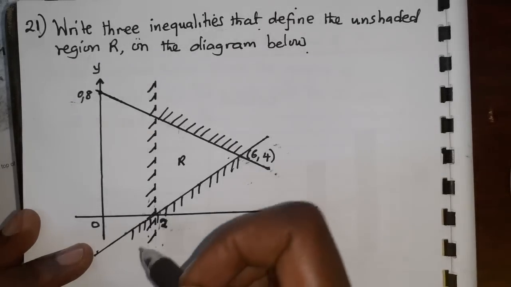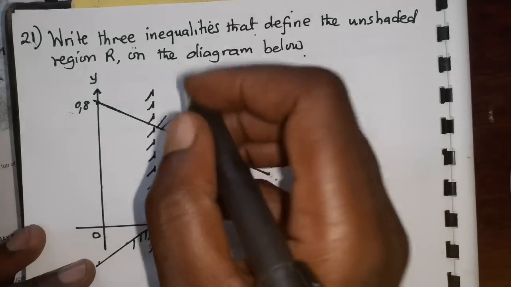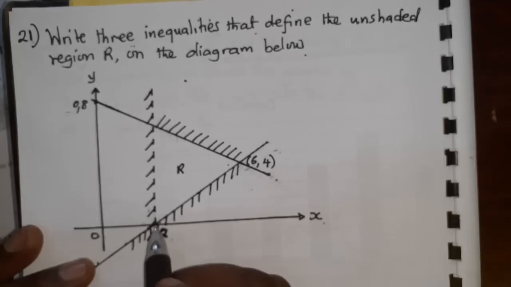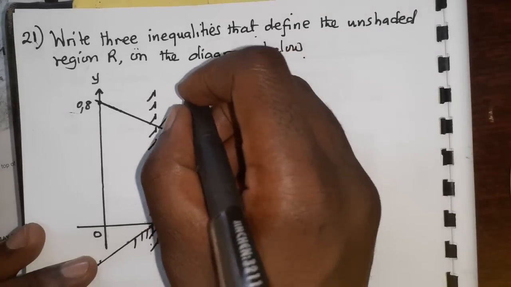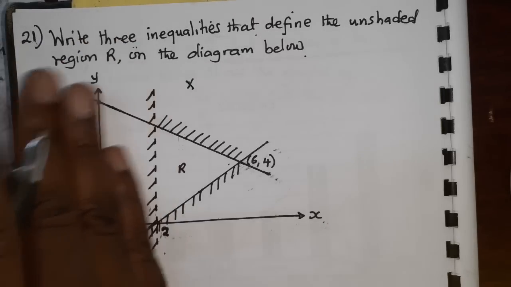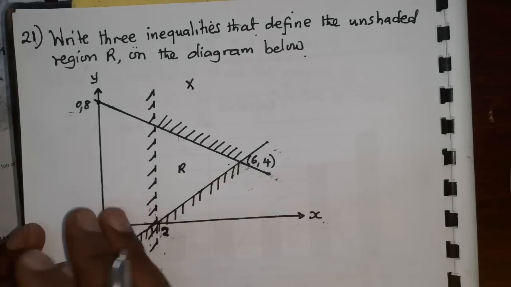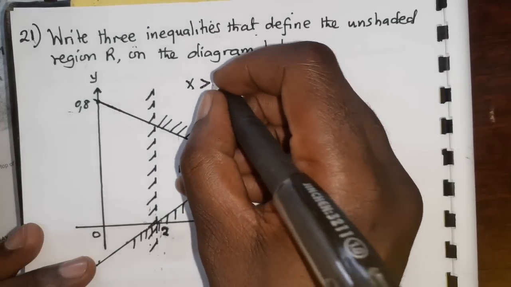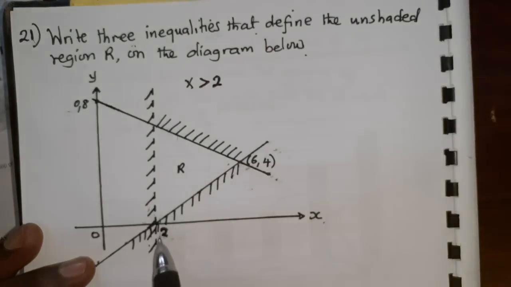If the line is dotted, you need to write your inequalities without the equal sign. This line is cutting the x-axis, so it's going to be x. The unshaded region, or R, is on the right side of this, so it is greater than 2, because it's on 2.